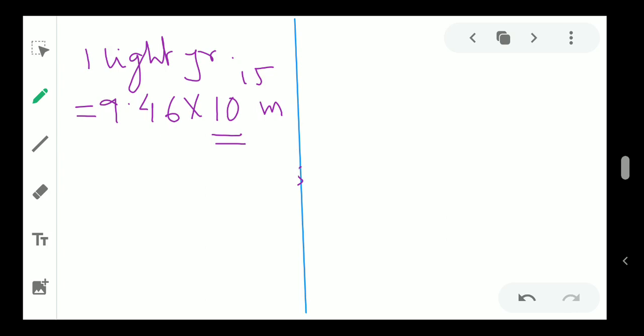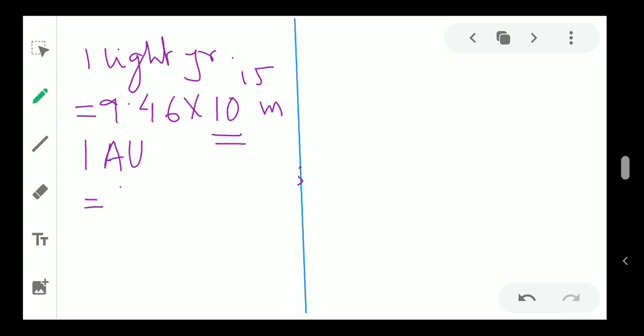Now we also use something which I already mentioned, astronomical unit. So this is what astronomical unit is: the average distance between sun and earth. Okay, why I'm telling average?